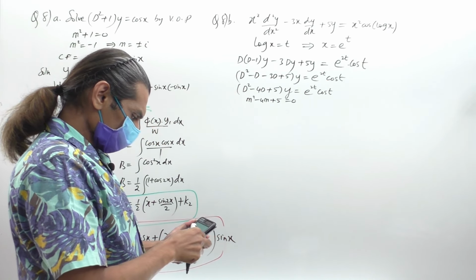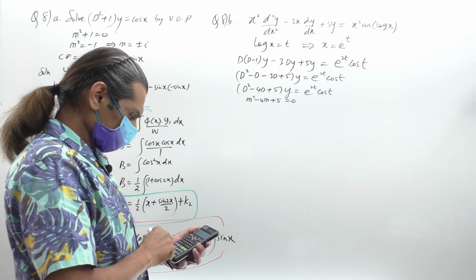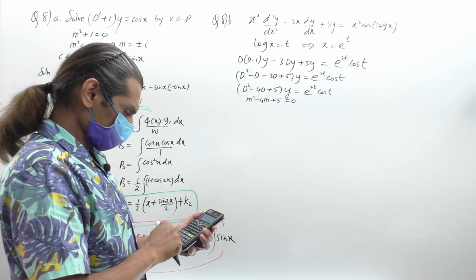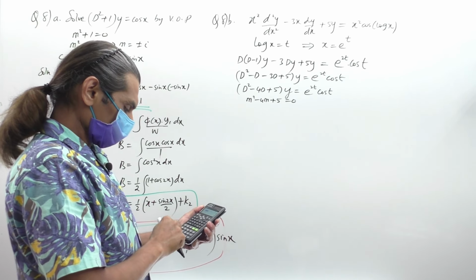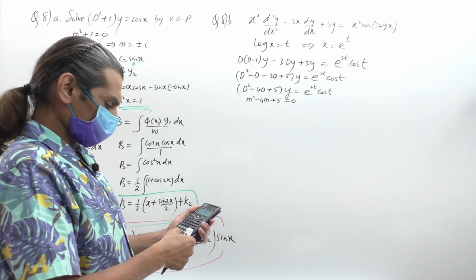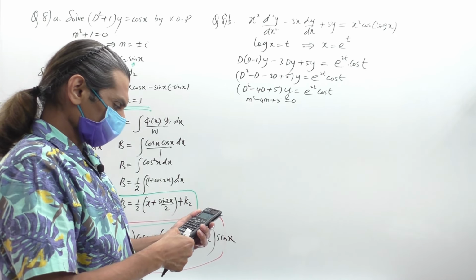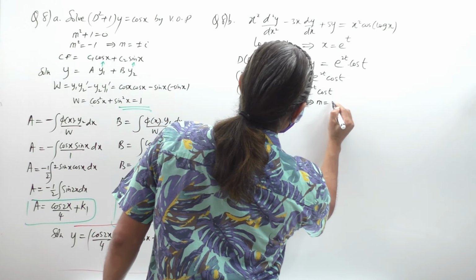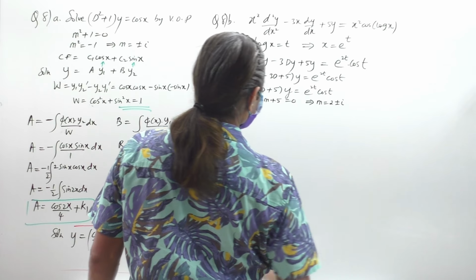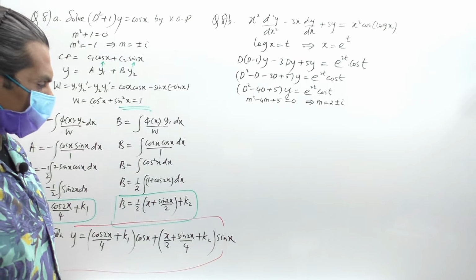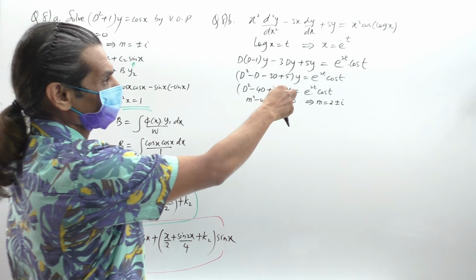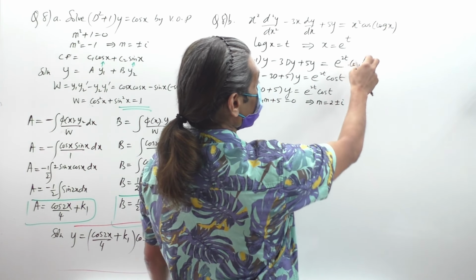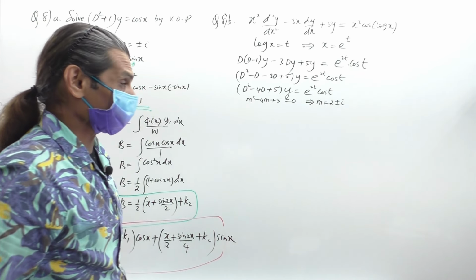So again we go to mode, equation, and polynomial second order, 1, minus 4, 5, equals, so it's 2 plus or minus i. So it implies m is equal to 2 plus or minus i. So now be careful here. We have the habit of taking the right side in x, but here in Legendre or Cauchy's, we take everything in terms of t.